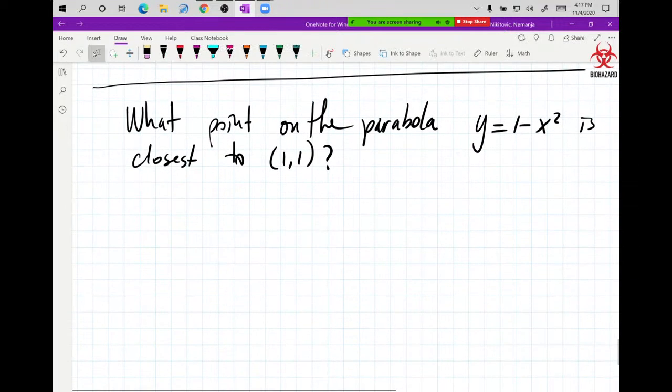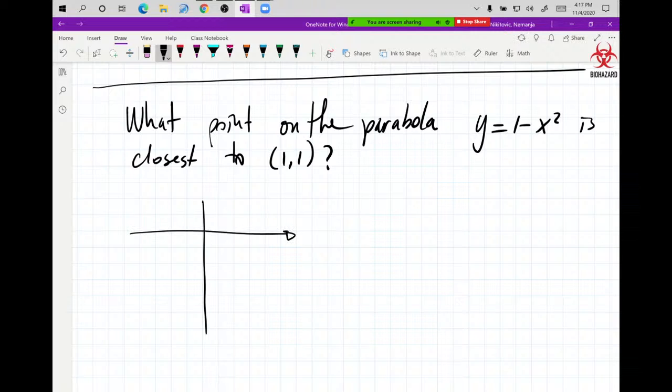So what is the situation here? If you draw this problem, we're going to have a parabola at 1 that opens downward.